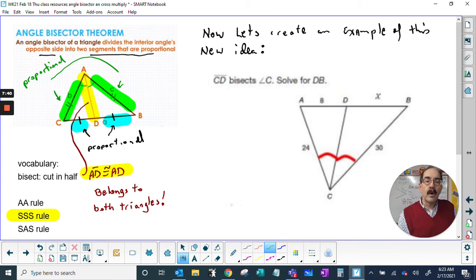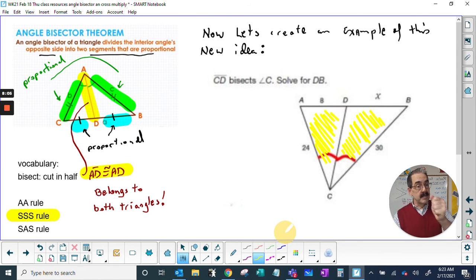24, CD bisects angle C, solve for DB. Well, I like symmetry, and we're saying that this triangle is proportional to this triangle. And I want you to believe that because of the angle bisector theorem.